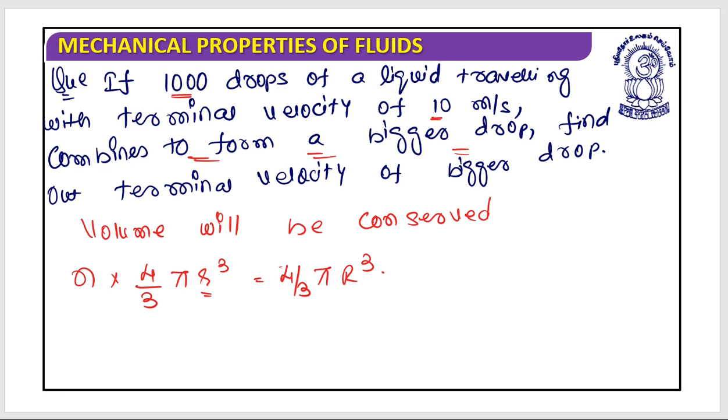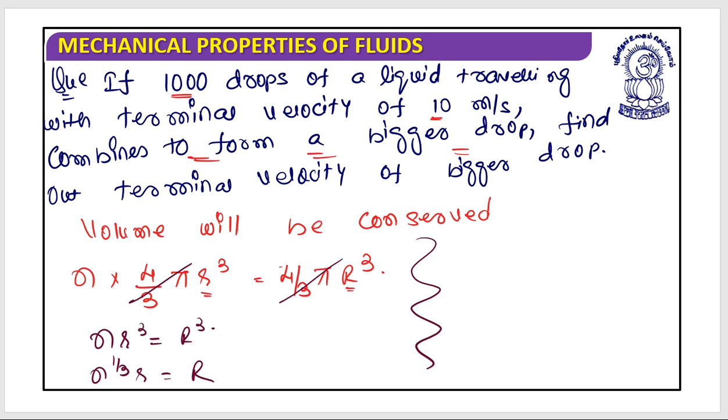So r is the radius of the smaller drops, and R is the radius of the bigger drop. So this 4 by 3 pi could be gone, and n into r cube equals R cube. From this, n to the power 1/3 into r is equal to R. If I square both sides, n to the power 2/3 into r square is equal to R square. I hope this is clear. Is it clear?